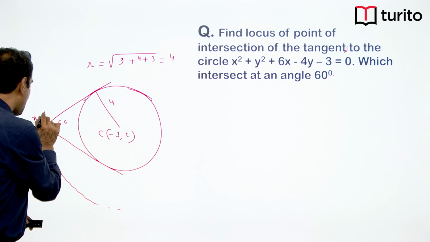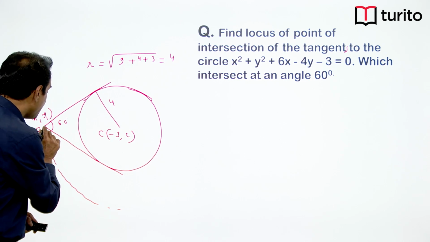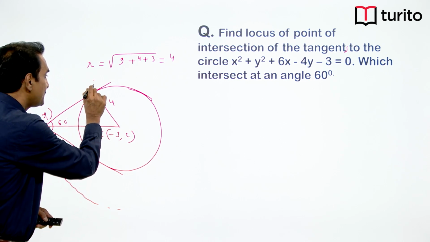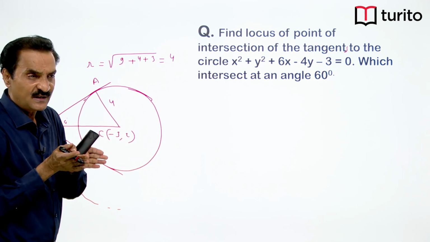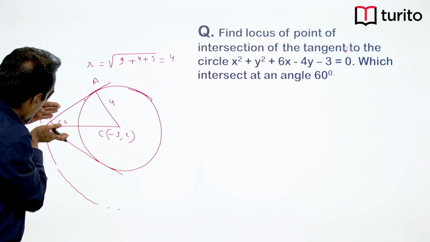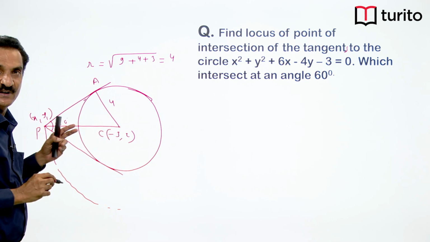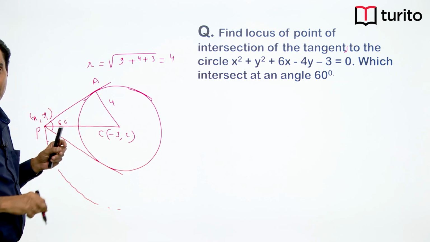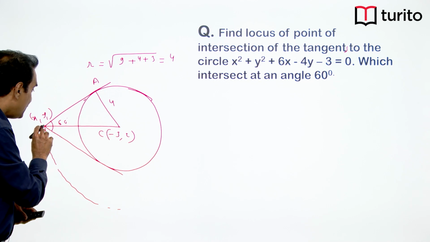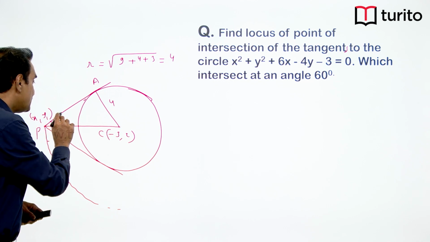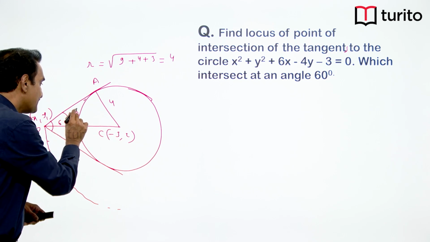Take it as x1 comma y1. If we join P and the center, suppose this point is A. All of you know the property that if two tangents are drawn, then the line joining the center and the point P will bisect the angle. That is a known property of a circle. So, if this line bisects the angle above, this angle at P is 30 degrees.